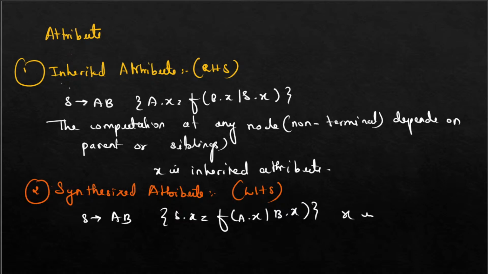And here X is a synthesized attribute. So here the computation at any non-terminal node depends on the child. Okay, now you should also practice identifying types of attribute. That you should do, okay?